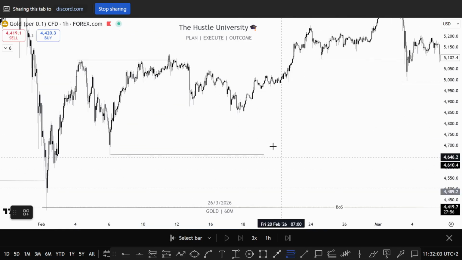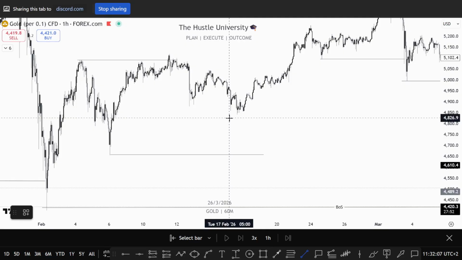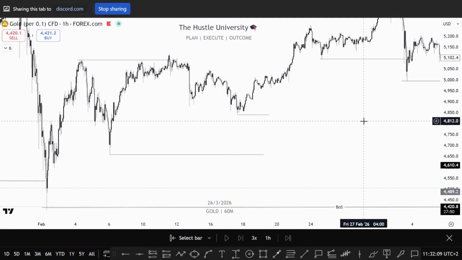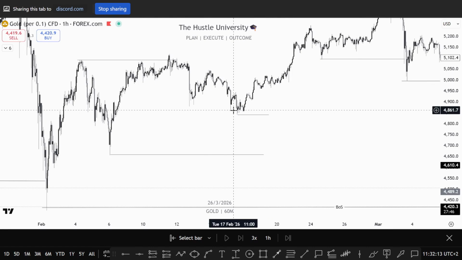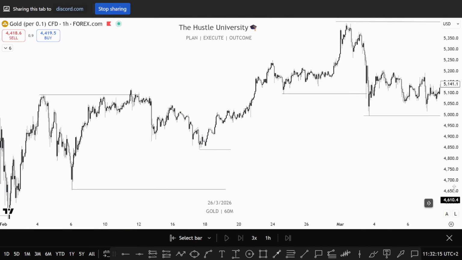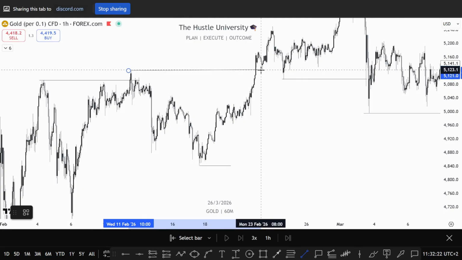Price came, created a higher low. So now you understand this is a higher low on the 1 hour, right? But look at the internal that's happening. This was an internal structure on the 1 hour, of the 1 hour.